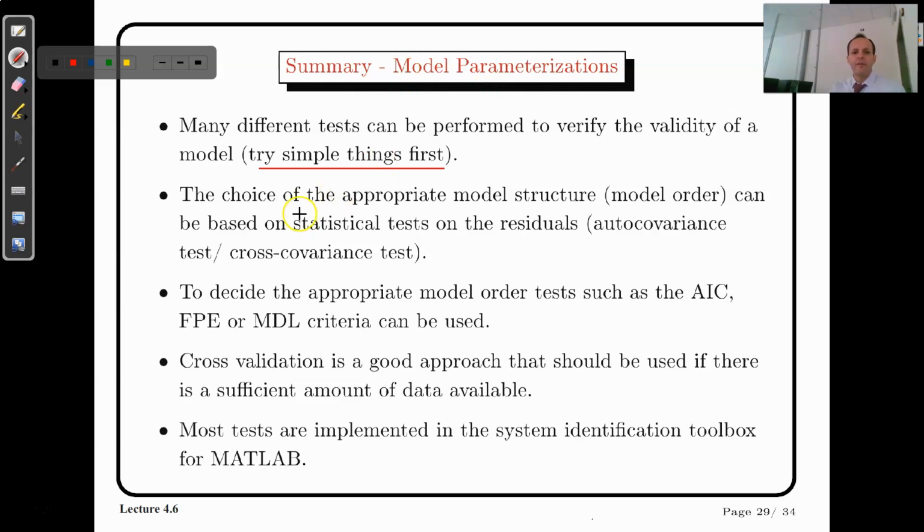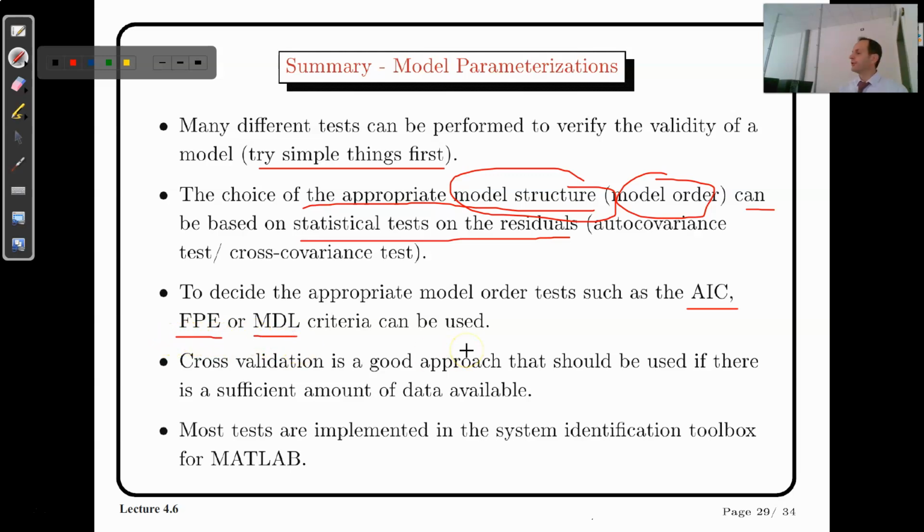The choice of an appropriate model structure, when we say model structure it refers to the model order, can be based on statistical tests on the residuals, if you remember, autocovariance, cross-covariance. To have a suggestion on the appropriate model order, you can use the Akaike information criterion, the final prediction error, or the minimum description length.